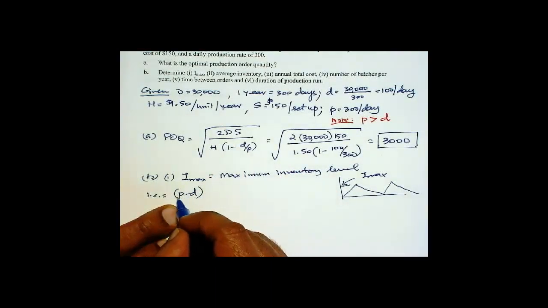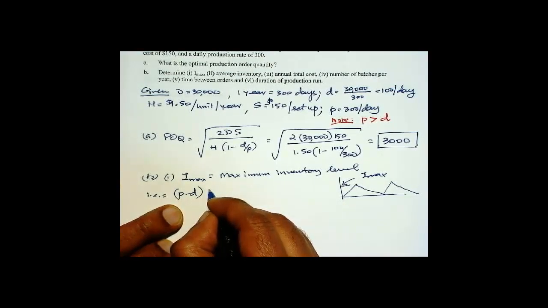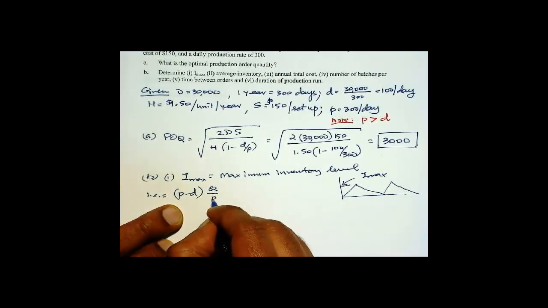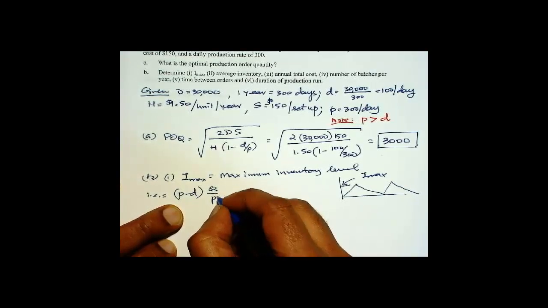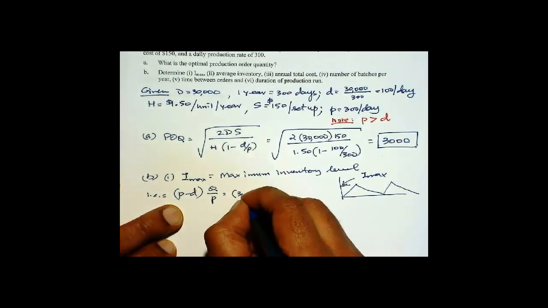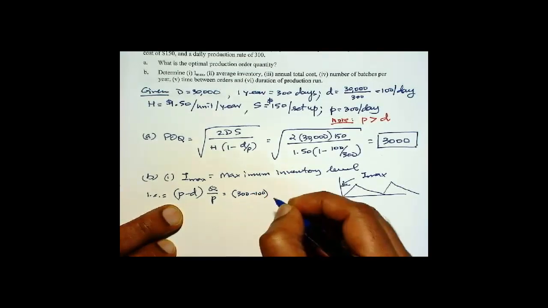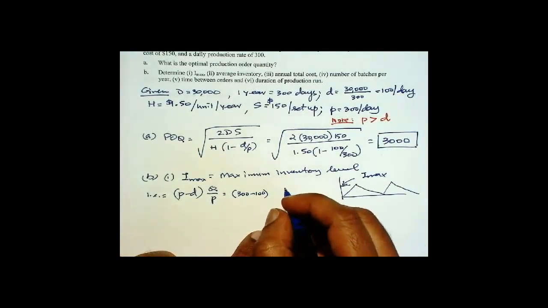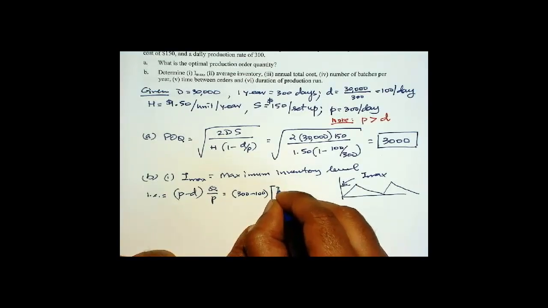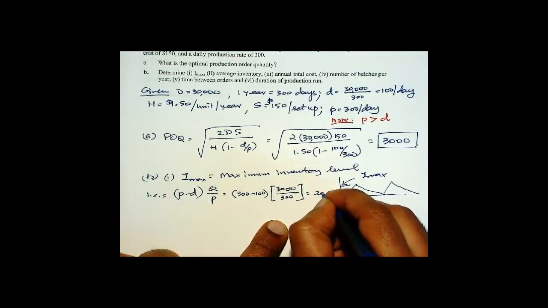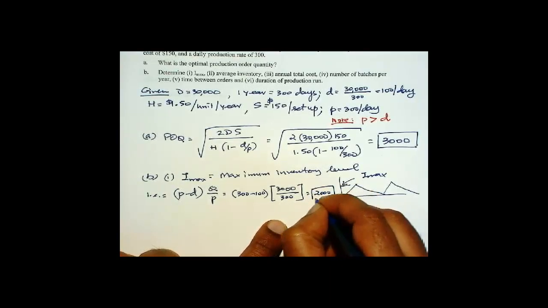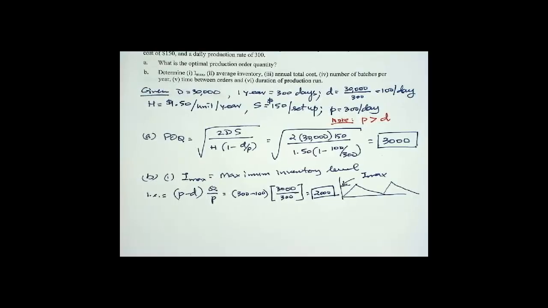So P minus D is the rate at which inventory will go up, multiplied by Q over P. So this is the time period for production, T. So this gives us 300 minus 100 times 3,000 divided by 300. So that gives us 2,000. So that is our I sub max, maximum level of inventory.